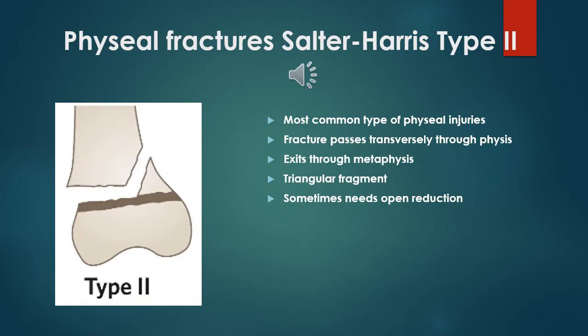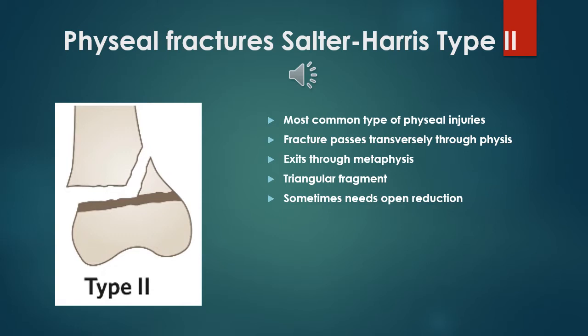So the type 2 physeal fracture is the most common type, and this accounts for approximately 75% of all physeal injuries. As you can see, there's a transverse fracture through the growth plate and an oblique or vertical fracture through the metaphysis. The type 2 injury starts as a horizontal separation, kind of like in type 1, but this is completed by exiting through the metaphysis, resulting in a triangular fragment which varies in size.